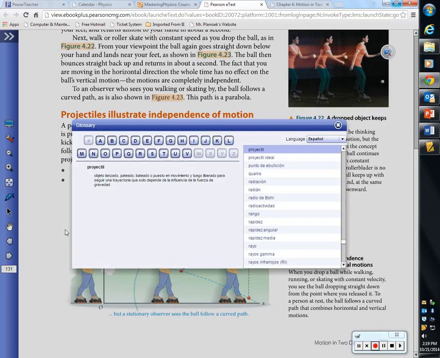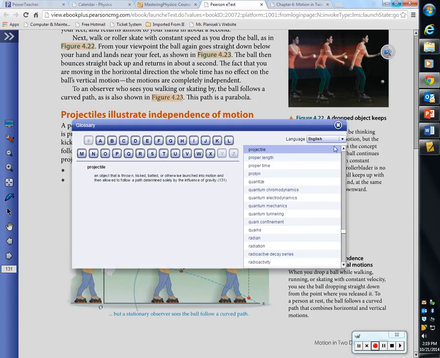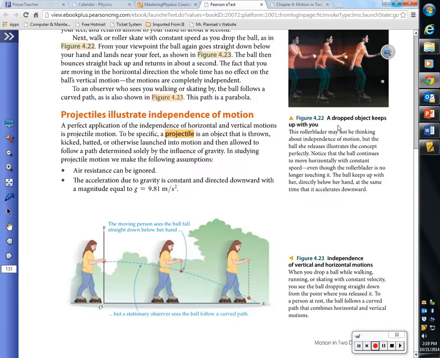So if you need it, I can turn it into Spanish for you. We'll just do all of our definitions in Spanish on Fiesta Friday. The only problem with Fiesta Friday is that it's not currently Fiesta Friday.